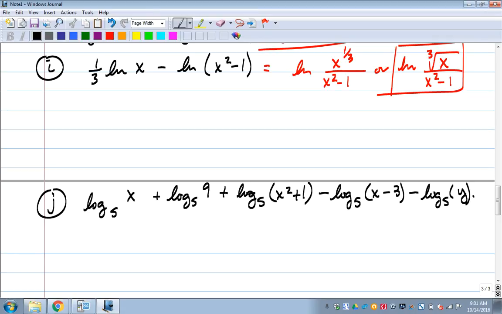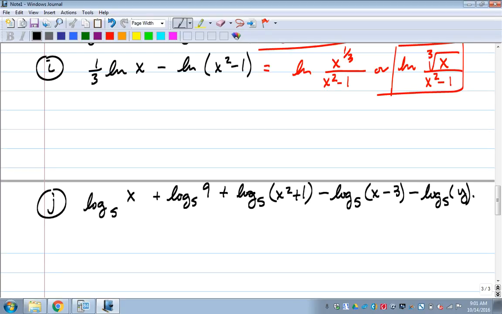A lot of multiplications and then a couple of divisions. Okay, so it's going to turn into a fraction, right? So what's going to be in the numerator? Everything that has what kind of sign? Plus. And everything that has what kind of sign is going to be in the denominator? Minus. Okay, so it really is that simple to think about it.